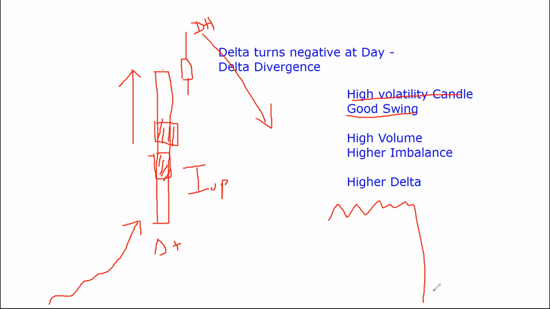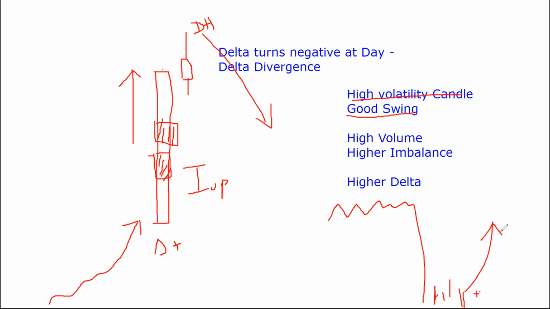Then the price might start balancing here, and it might do something like this again. And when the day low is broken and it comes back, the delta becomes negative over there. I'm sorry, the delta becomes positive. So those are the places one should look for mean reversion setups, right?